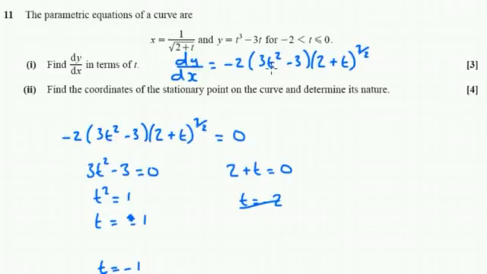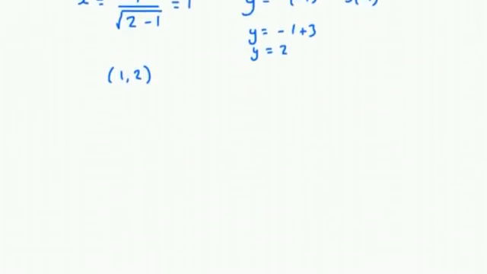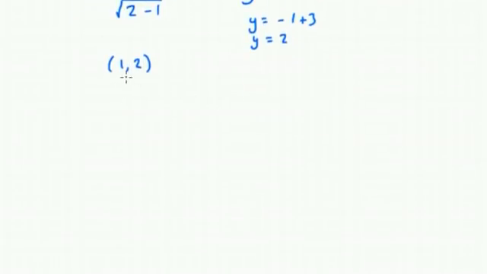The way I reckon we're going to do this is to check the gradient either side of the stationary point. So we're going to check the value of the gradient at x equals 0.9. We're going to find dy by dx, and we're going to check it at 1.1, because we know when x is 1 that dy by dx is equal to 0.